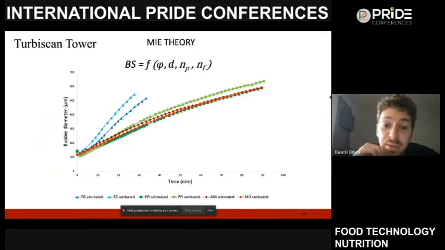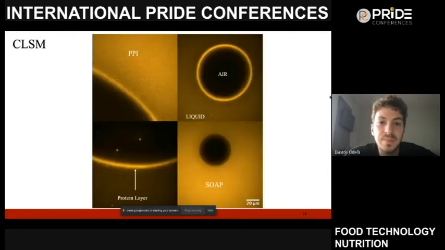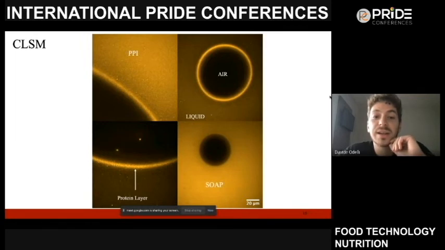And another consideration is that the sonication didn't improve the stability of the bubbles, but instead the bubbles burst even earlier than the control.